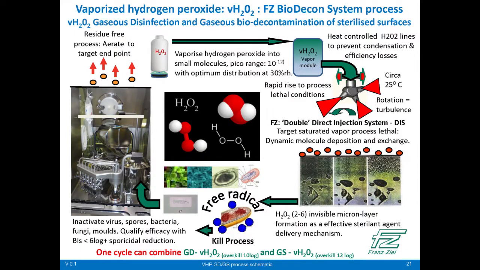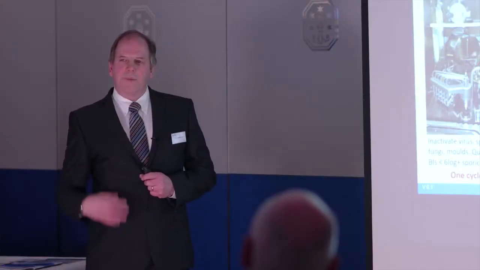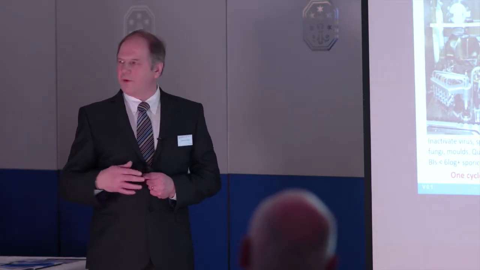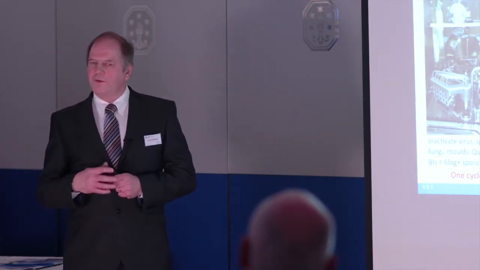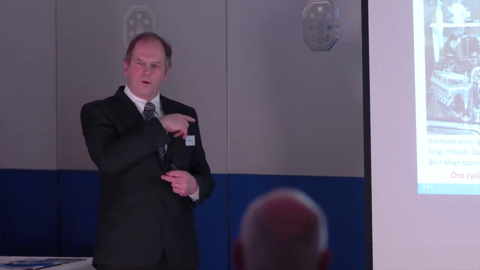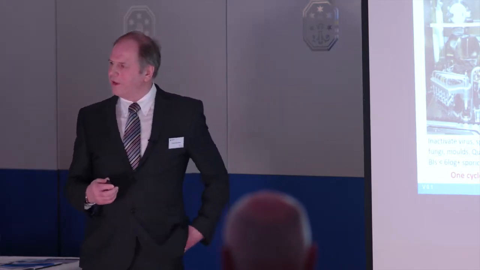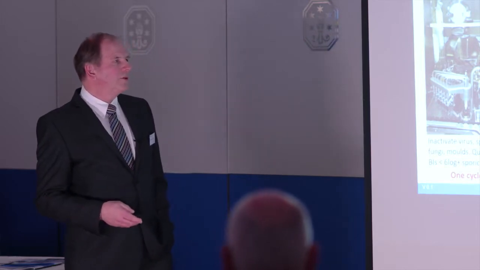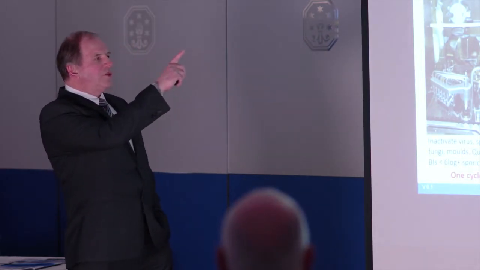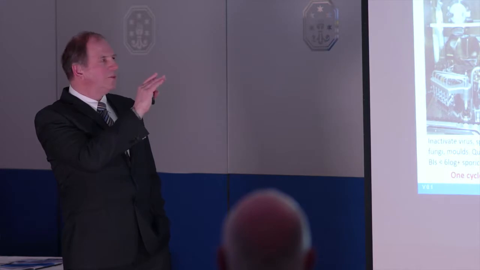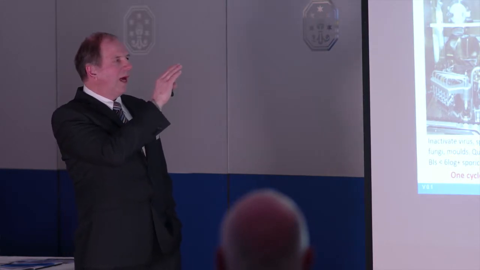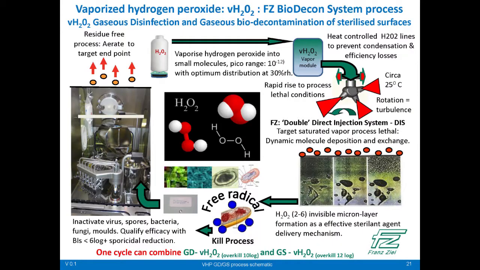They would be filtered out because it's delivered through filtration systems, but they actually damage the vaporizing bar. So if you don't control the quality of the peroxide, you'll get a high maintenance cost because the hot plate or the vapor system will be damaged. You flash evaporate for whatever system you have, and essentially that creates these pico-sized particles, very, very small particles.